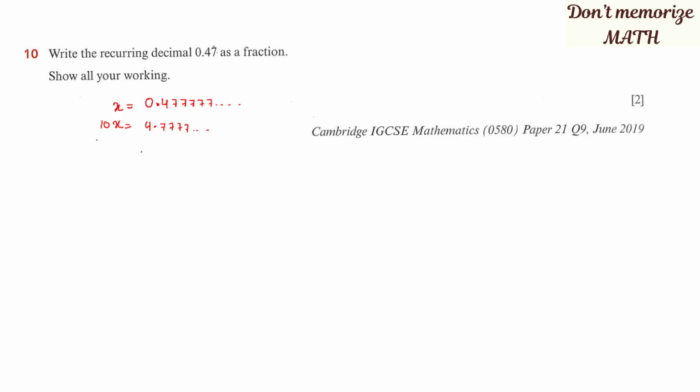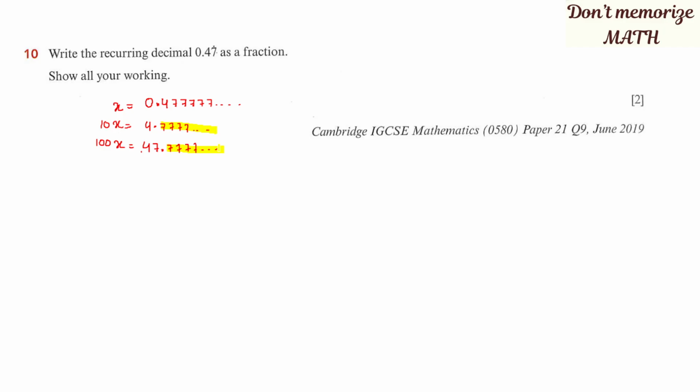Then again multiply by 10, or for the first one you can multiply by 100 also. So the first one we multiply by 100 and this one by 10. You will get 47.7777, repeating. Now you can see on the right side, this one and this one are the same.